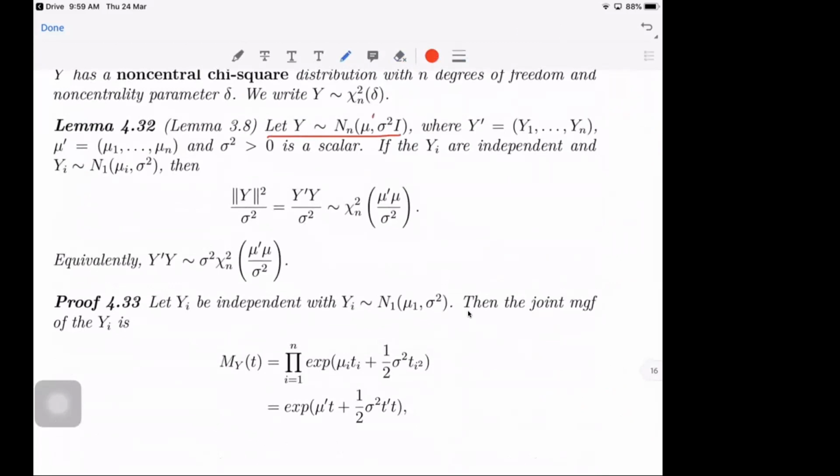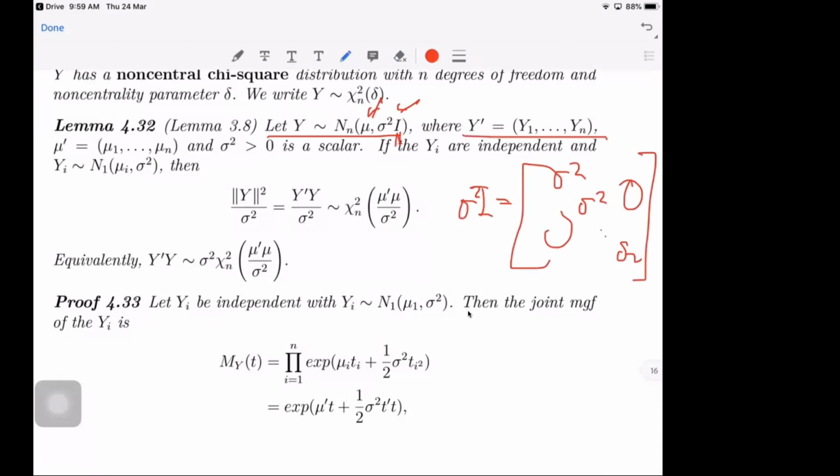It has a mean mu and a covariance matrix sigma squared I. Sigma squared I means your diagonal entries are all sigma squared, and the off-diagonals are 0. That is how it is written, because this is multivariate. If it were just sigma, it would be univariate, so you have to attach the identity matrix.